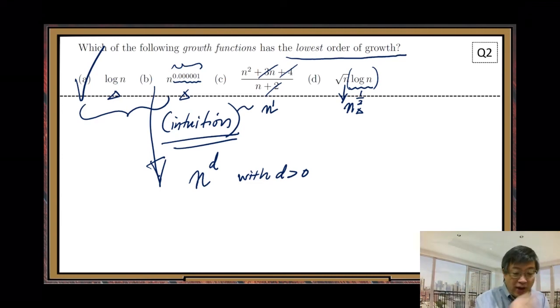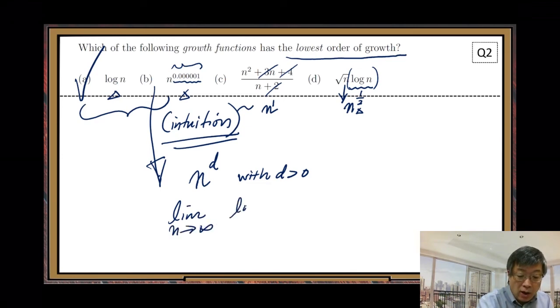Then, remember, we did one limit question using L'Hopital's rule: log of n over n to the d. By L'Hopital's rule, its limit is 0.